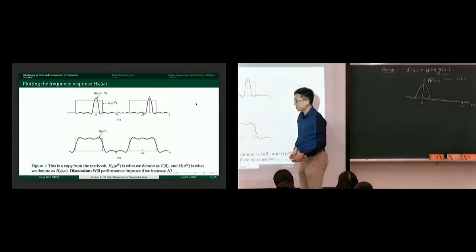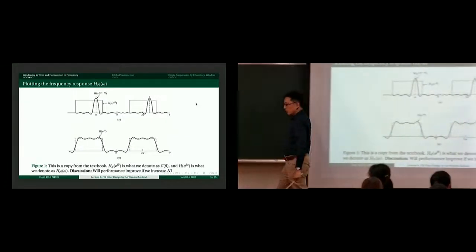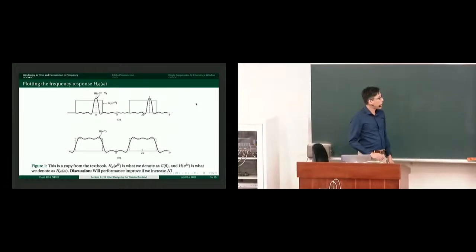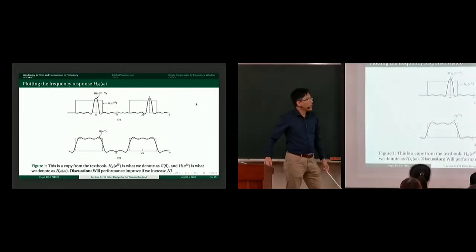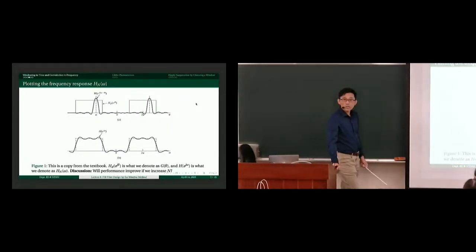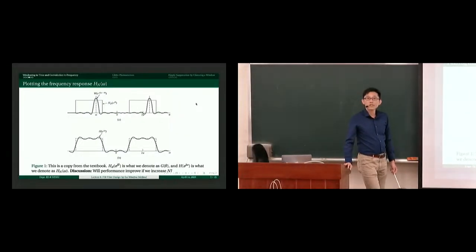Last time we had a discussion about how to reduce the ripple. We asked a crucial question: what happens when we increase N? What if we just increase the window length, let the window extend far away in time?